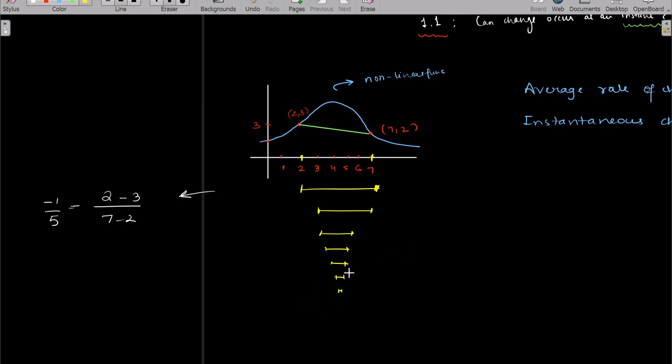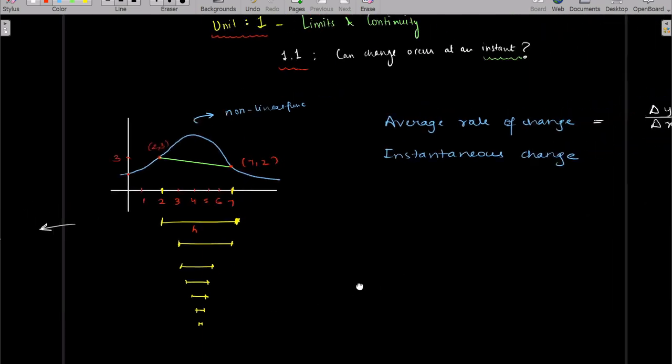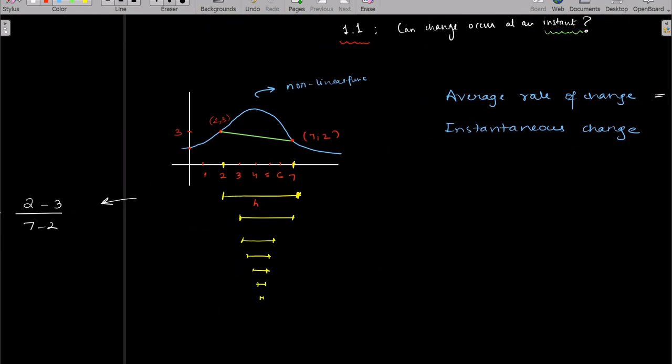Now first of all, you should know that the length of the interval is denoted by the letter h.